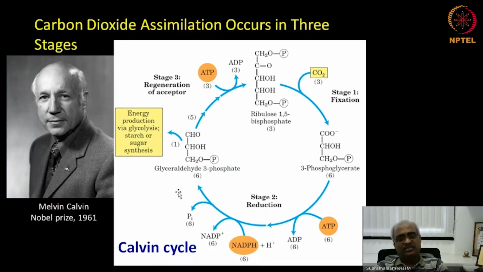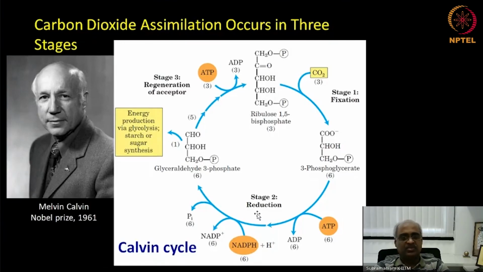Now of the 6, 5 of them are going to combine. So 5 times 3, 15, so 5-carbon, 3 molecules. The net result is that 3 carbons have become 1 glyceraldehyde 3-phosphate, which has 3 carbons in it.